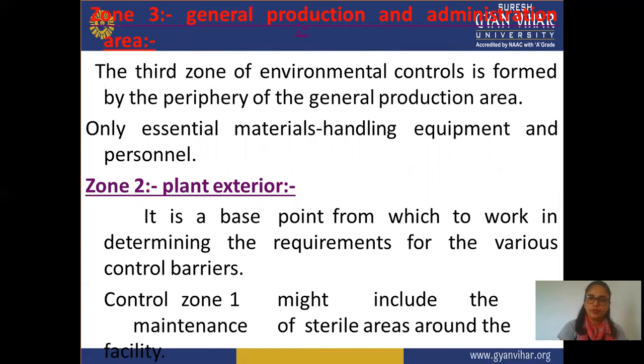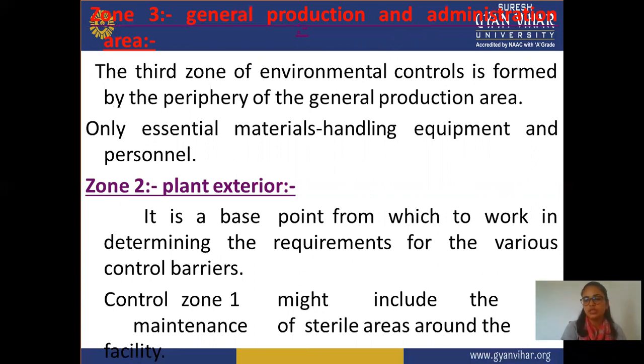The third zone of environmental control is formed by the periphery of the general production area, with only essential material handling equipment and personnel. This is a very restricted area in which production takes place, so you can maintain the proper sterile condition. Fewer personnel come in or go out of this area.